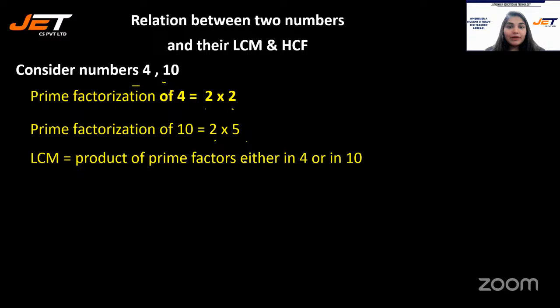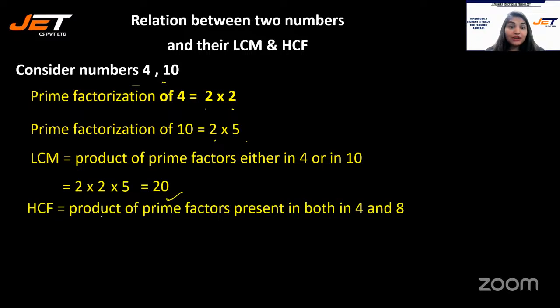LCM is the product of prime factors either in 4 or in 10. You know that. We have done this. And here LCM is 2 times 2 times 5, which is 20. And HCF is the product of prime factors present in both 4 and 10. So HCF is 2, right?